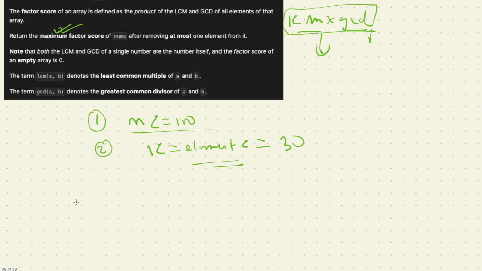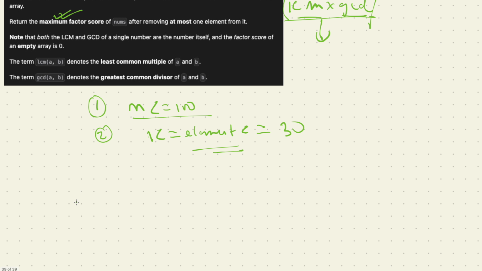So basically you can do any approach you want, even brute force. What I have done is I first calculated the LCM of the array, second I got the GCD of the whole array, and just got the multiplication of LCM into GCD.